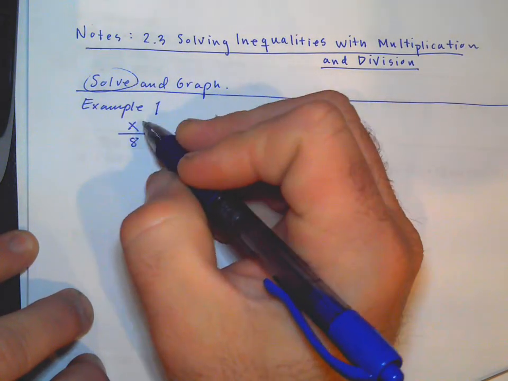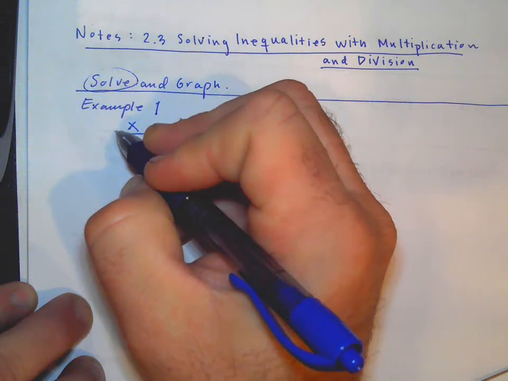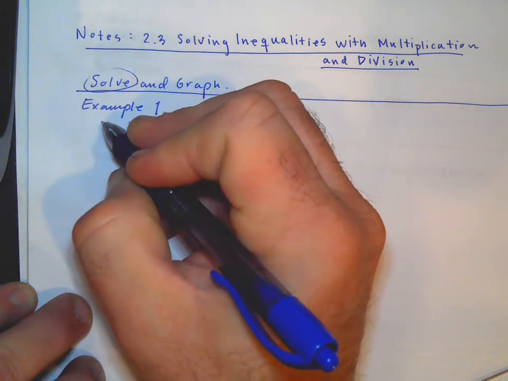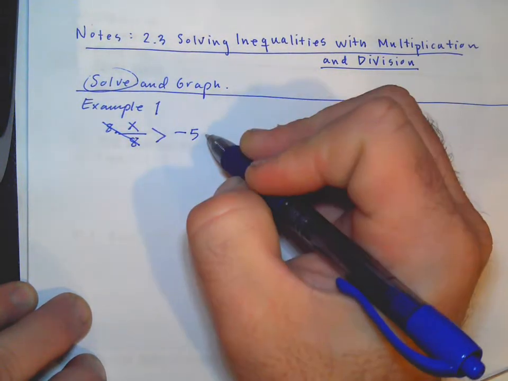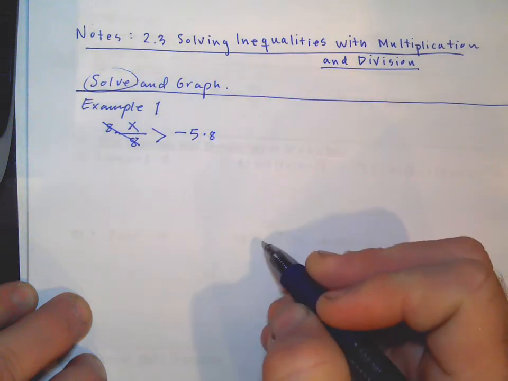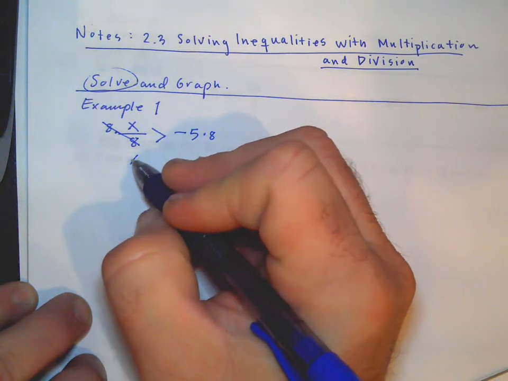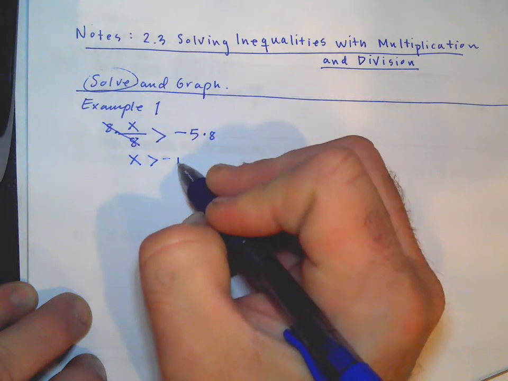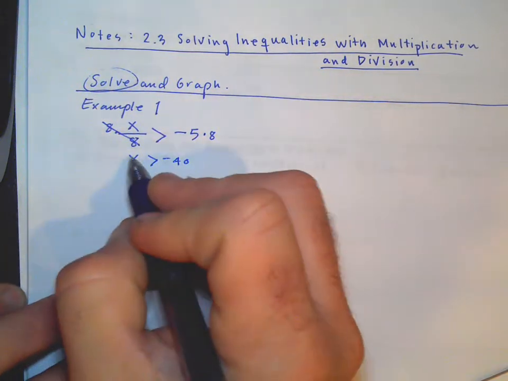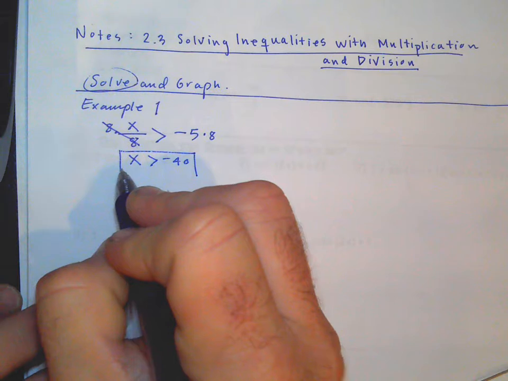And to isolate the x, we need to undo division. And multiplication undoes division. Whatever you do to one side, you need to do the other. So you've got to multiply both sides by 8. So x is greater than -40. So that's your answer. We're also going to graph it.